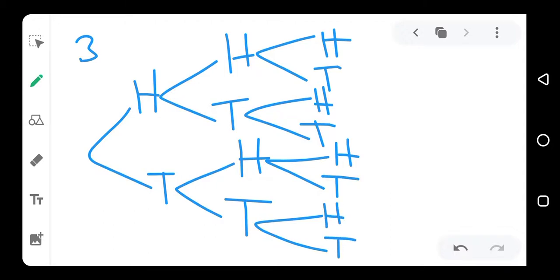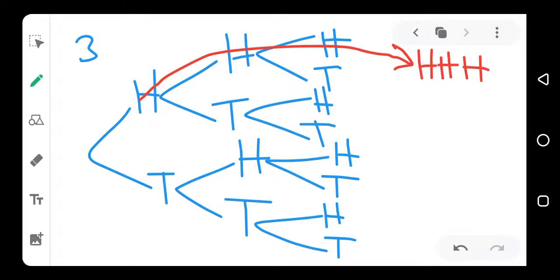Okay, so what we are now going to do is to join the events to see the sample space. To join it, join this one, this one, this one, and this one. That will now give us head, head, head. Now we take this one from this side, we join it with this one, and join it with this one, and that will give us head, head, tail.